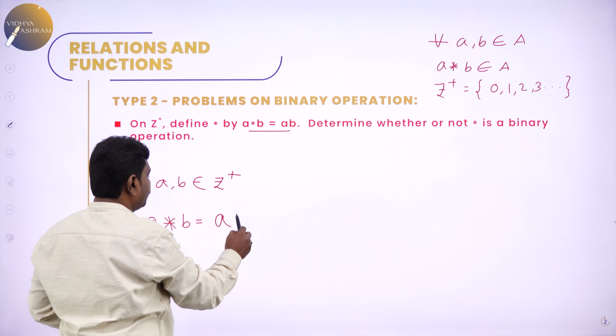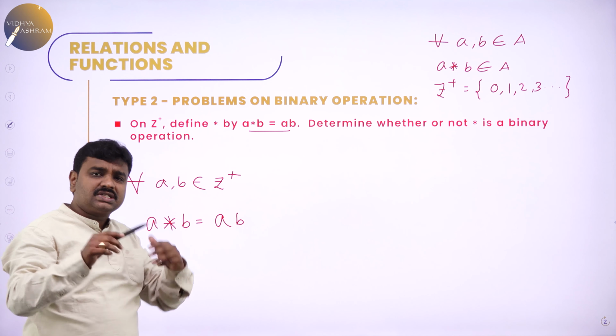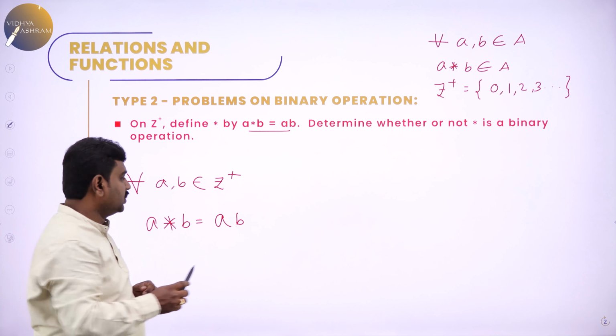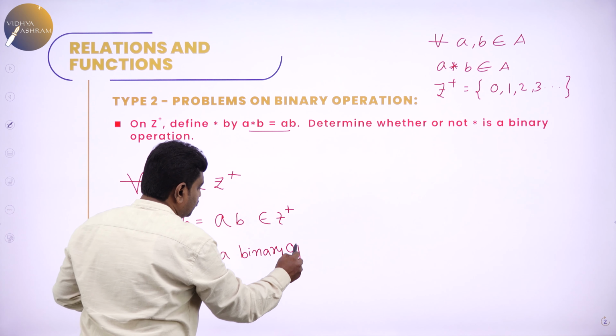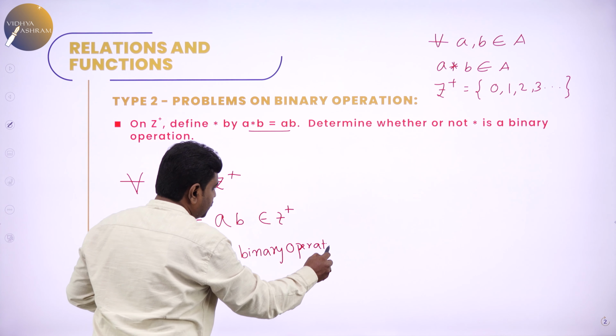See here, I took two elements which belong to Z plus. If I multiply them, the result also belongs to Z plus. So I can say it belongs to Z plus. Therefore star is a binary operation. My dear students, here I told star is a binary operation.